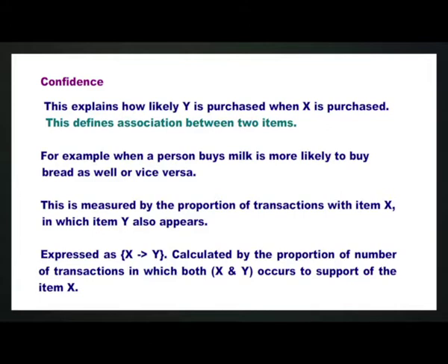This is measured by the proportion of transactions with item X in which item Y also appears. This relationship is expressed as X implies Y, calculated by the proportion of the number of transactions in which both X and Y occur to the support of a particular item X.